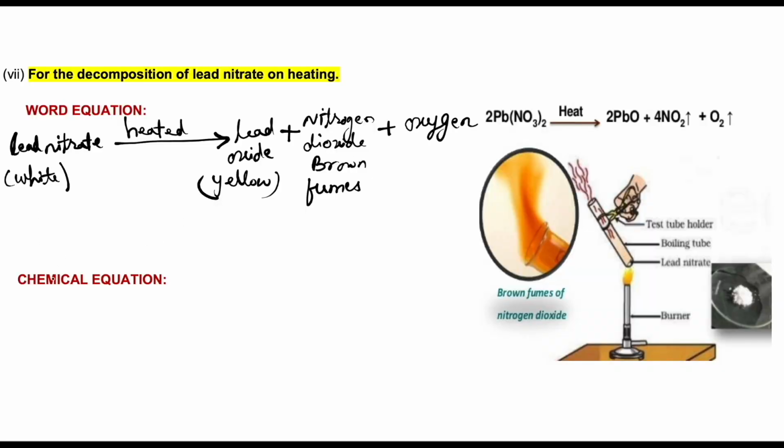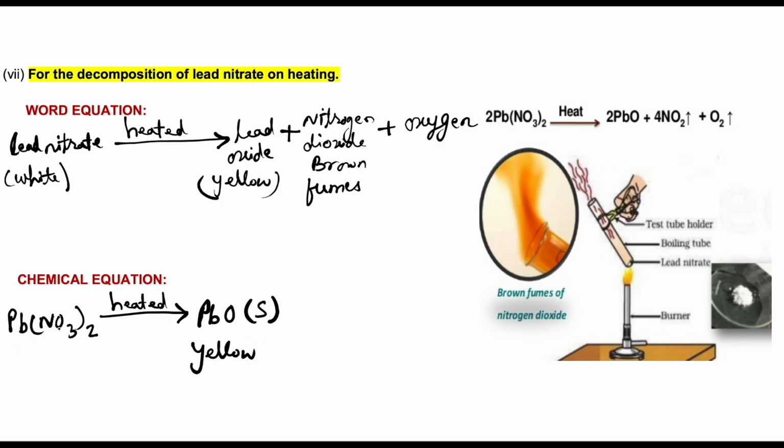Now, the chemical equation for this word equation is lead nitrate Pb(NO3)2. When it is heated, it breaks into lead oxide, which is PbO. This is solid in nature and it is yellow in color. This Pb(NO3)2, lead nitrate, is white in color, and this is solid in nature.